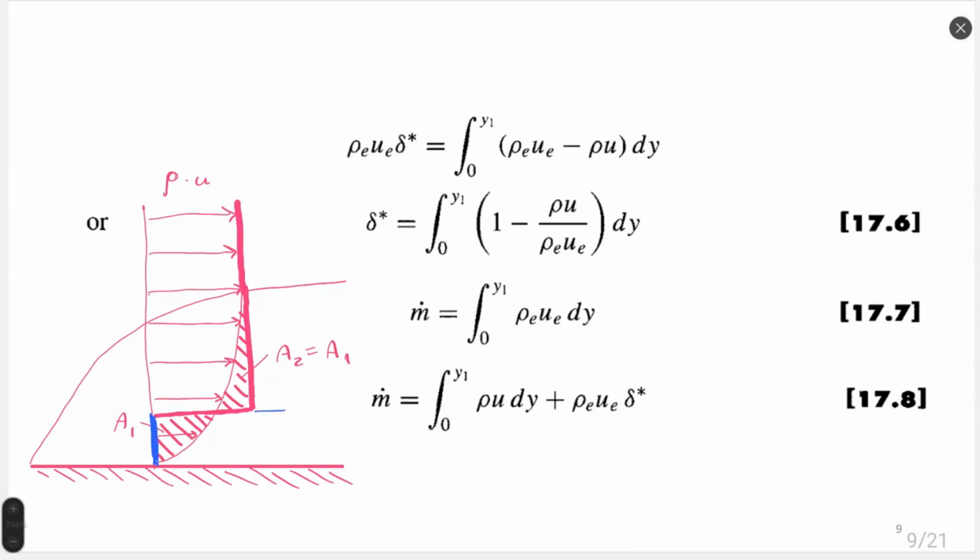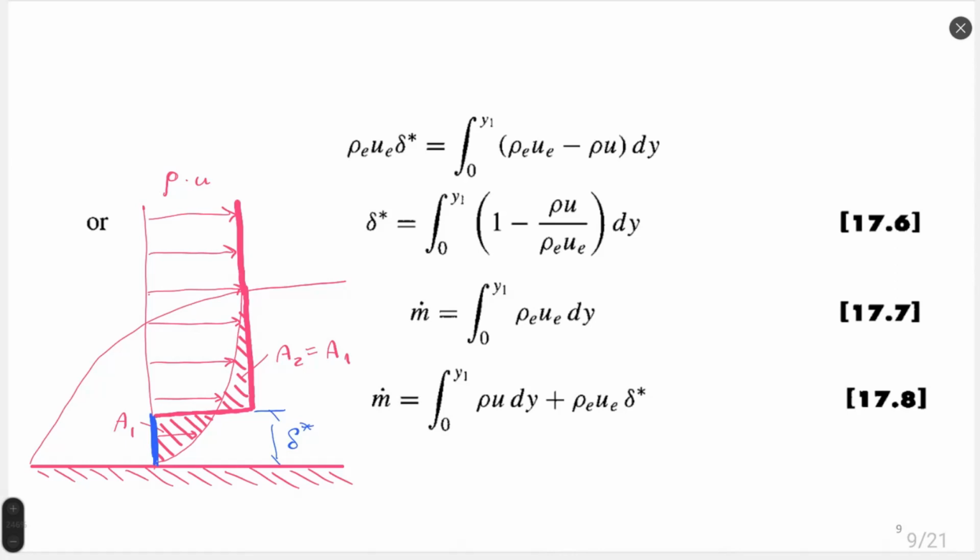This zero velocity zone is denoted as delta asterisk, theoretically the zone where flow does not happen.